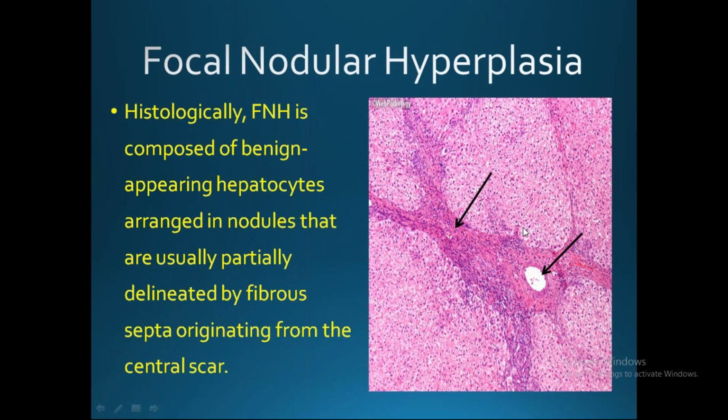So here you can see this is the fibrous tissue. This is normal hepatocyte. All this is the FNH with the fibrous tissue. And in the center you will have a fibrous artery or a feeding vessel.